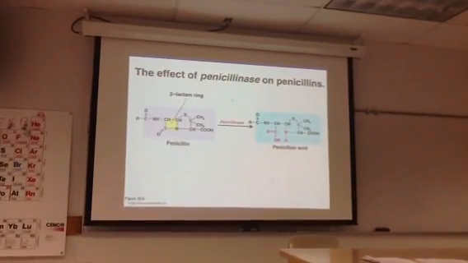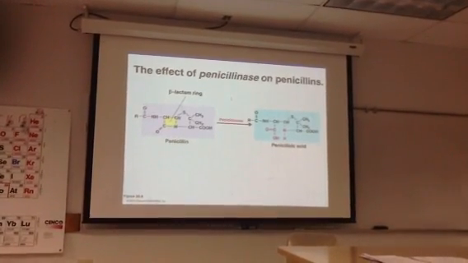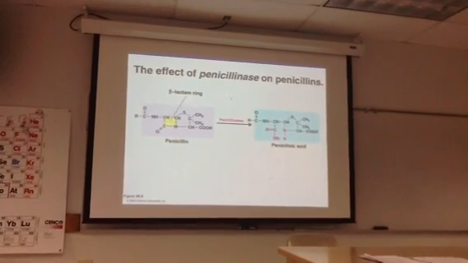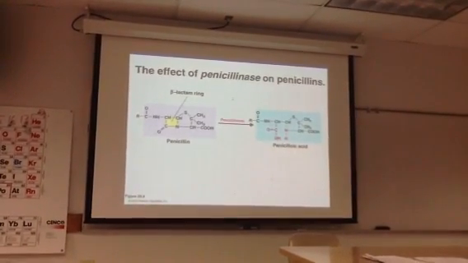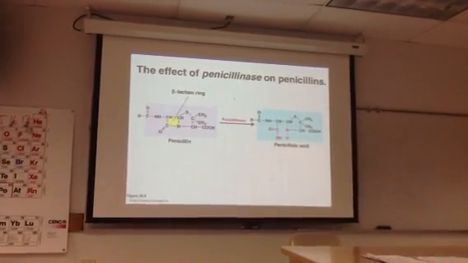Obviously, if you want to destroy penicillin, use penicillinase. Or what's another enzyme? If penicillinase destroys penicillin, what enzyme will destroy the active part there? So beta-lactam ring, so use beta-lactamase.